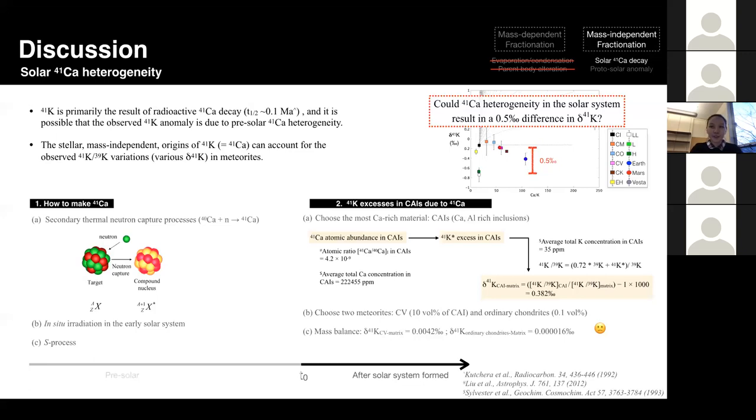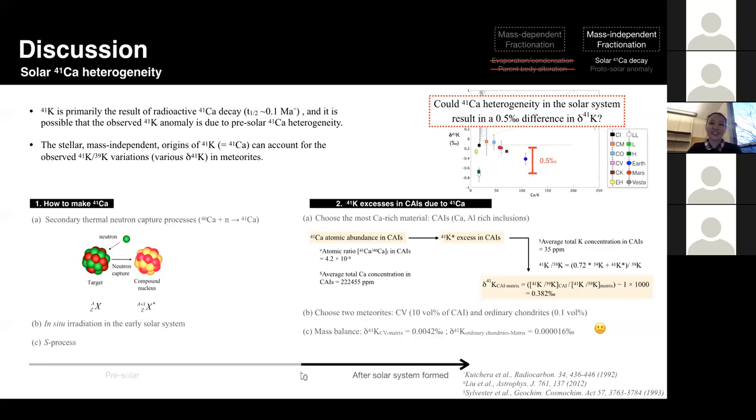First we calculate how much initial calcium-41 is in CAI using the literature data. Then we assume that all calcium-41 decays to potassium-41, which we mark as potassium-41 star here. In order to compare to the delta notation, we divide potassium-41 by potassium-39, using stable potassium-41 plus the excess potassium-41 in the numerator. I hope so far so good.